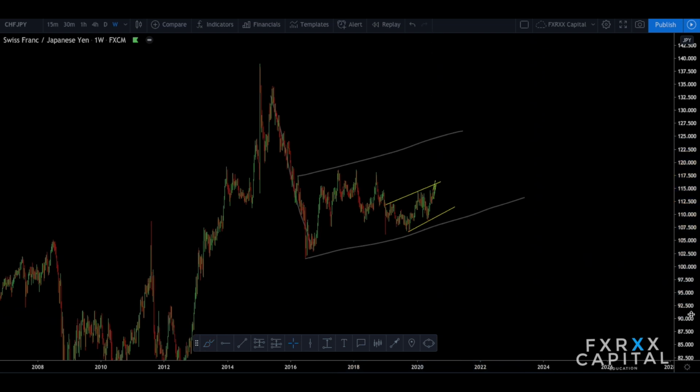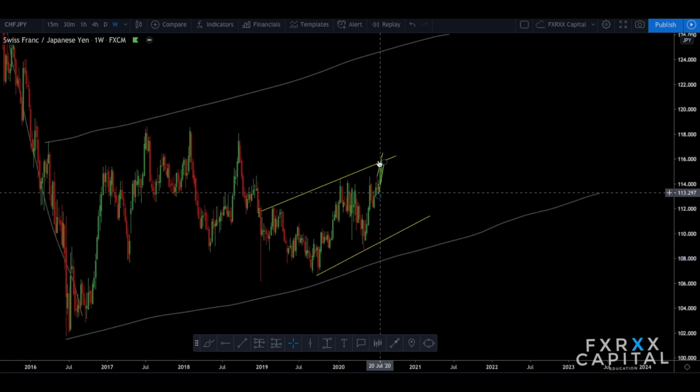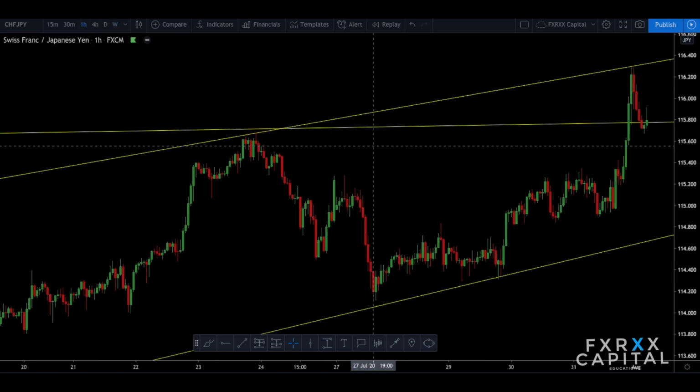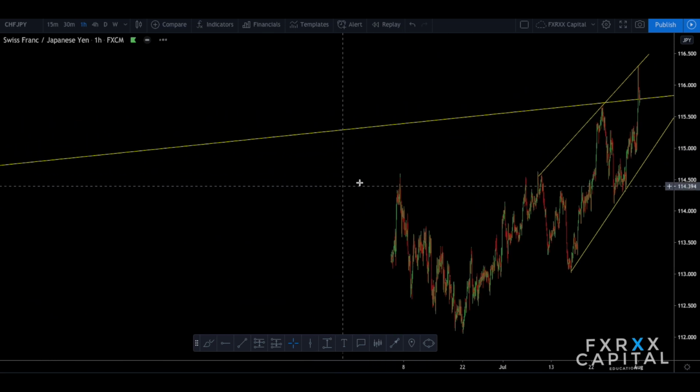But if you zoom it a little bit, price already create one small ascending channel in the middle of bigger structure. So this is one of valid trade that I willing to take.